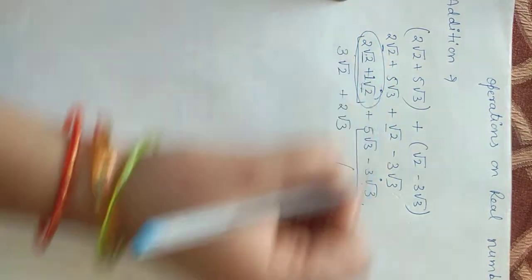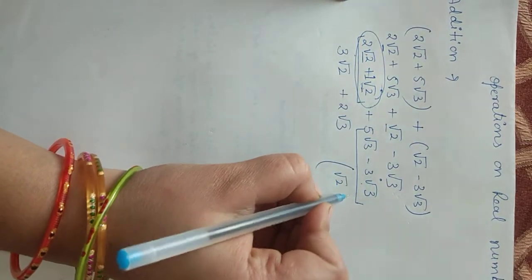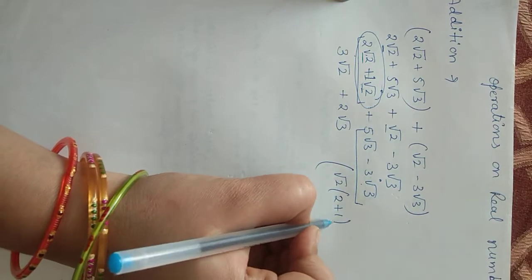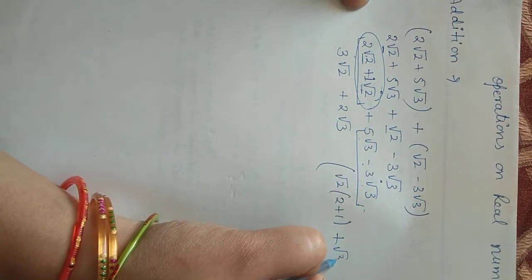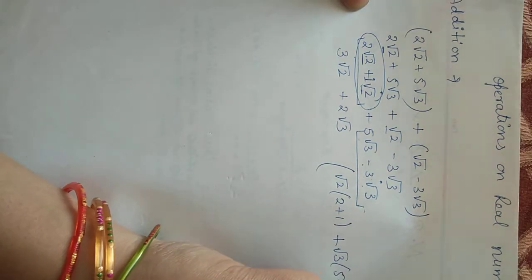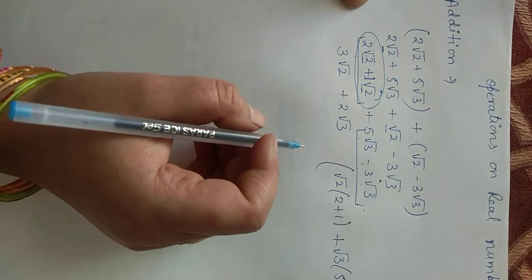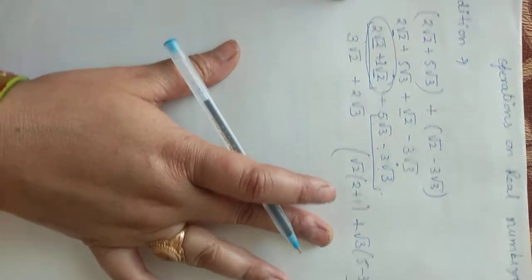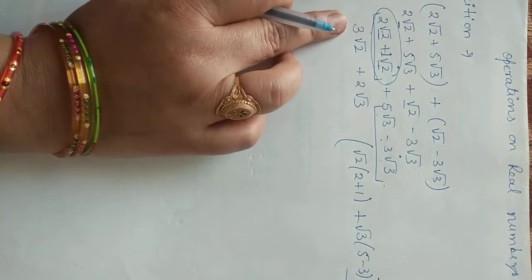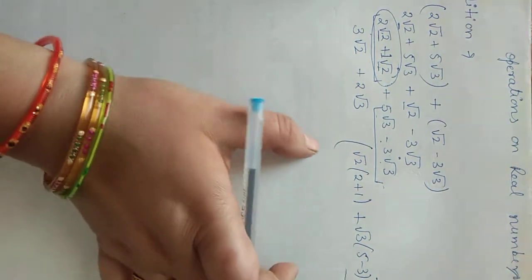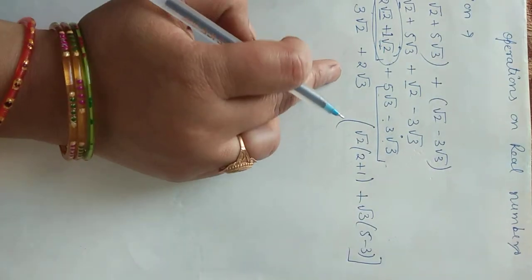From these two you can take root 2 as common, so what are we getting? 2 plus 1. Again from these two you can take root 3 as common. What are we getting? 5 minus 3. So 2 plus 1 results in 3, root 2 will be as it is. 5 minus 3 is 2 root 3.